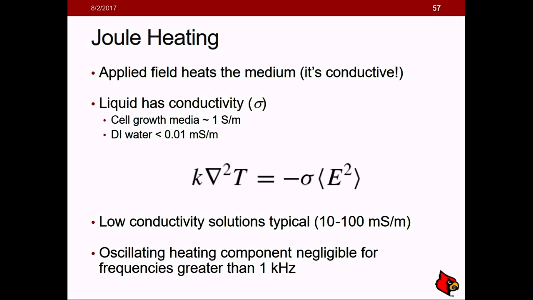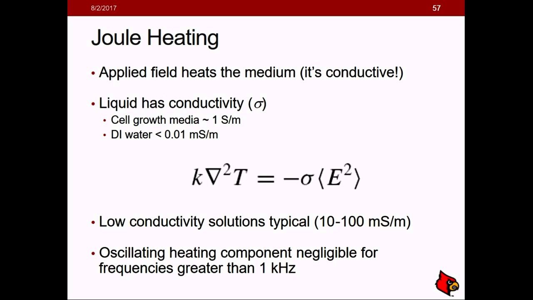When you apply an electric field to a system, you will heat it up. The liquid itself has some conductivity. You could be using DI water for your preliminary experiments, then you throw in a cell growth media and other things happen. The temperature rise is proportional to the conductivity that you use.